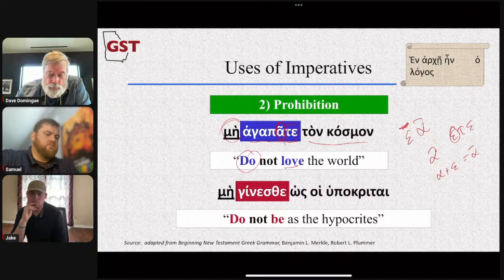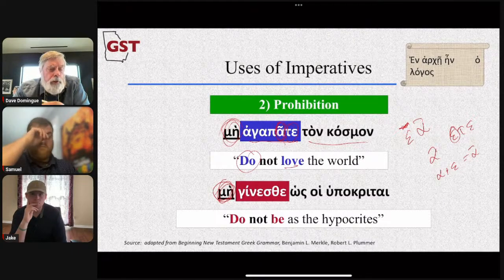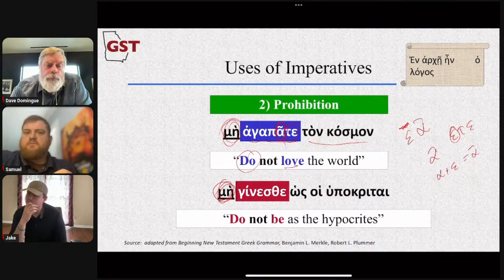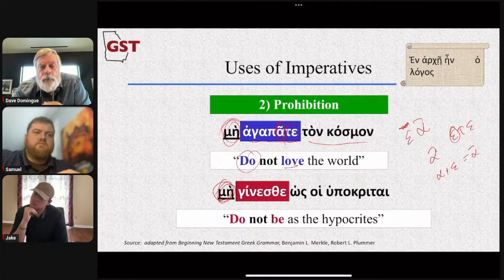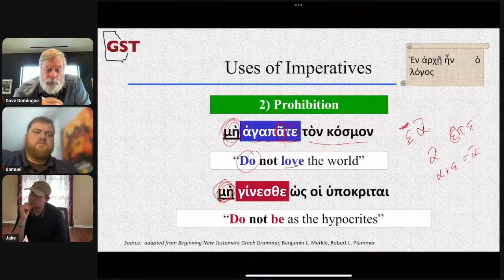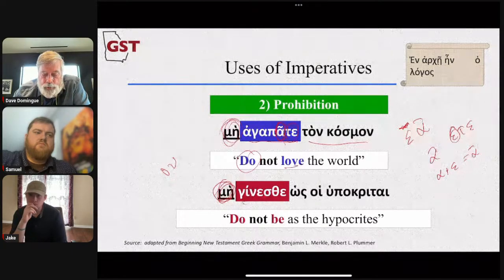And then me, there's our negation. Remember, me is going to be used in the oblique moods. Oblique being non-indicative, right? So the subjunctive and the imperative, and we'll use me and not ou. Ginesthe hos hoi hypokritai.